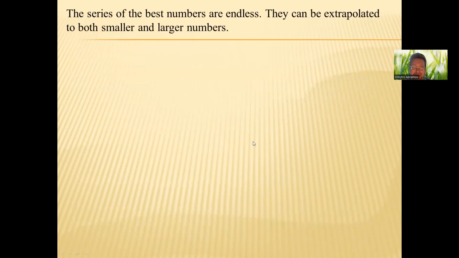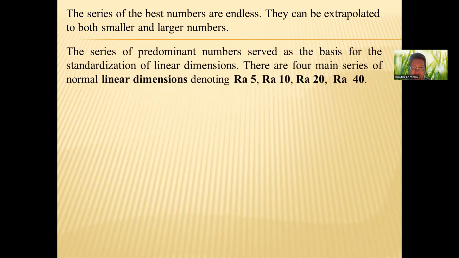The series of preferred numbers are endless. They can be extrapolated to both smaller and larger numbers. The series of preferred numbers served as the basis of the standardization of linear dimensions.